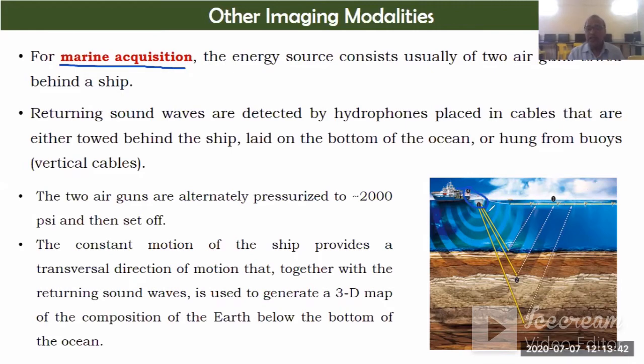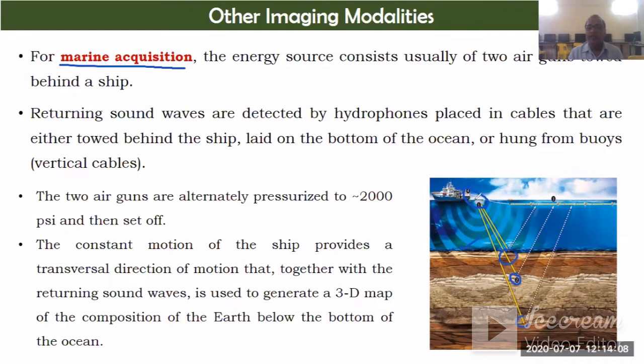Now see here, there are three different lines. The yellow line shows where the sound wave is propagated from this source. So the sound wave will be passed, and this dotted line shows the returning sound waves. At different levels or different structures, different times are required.